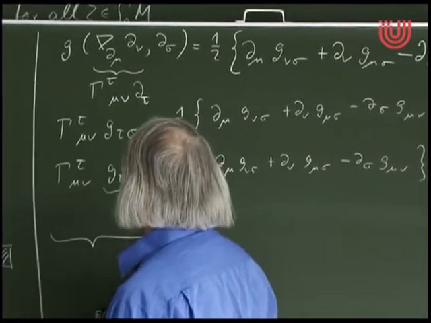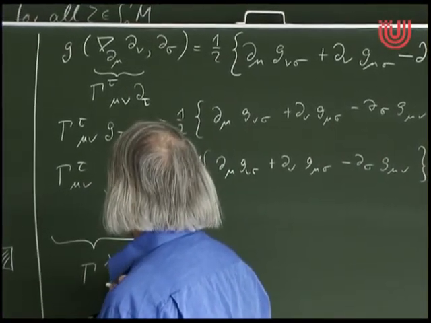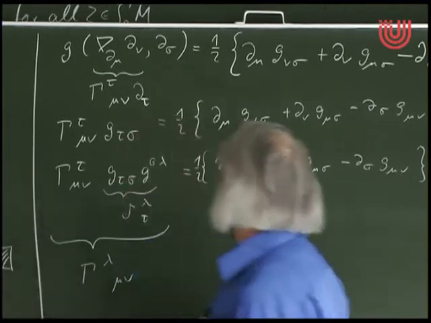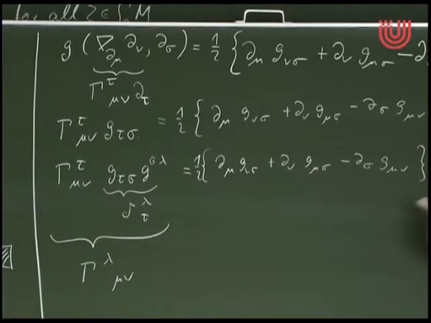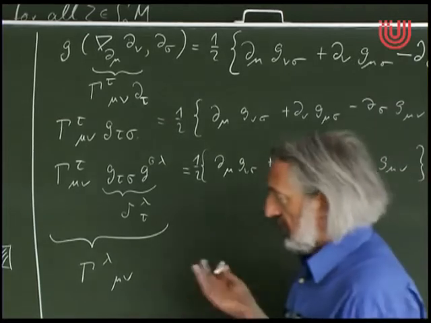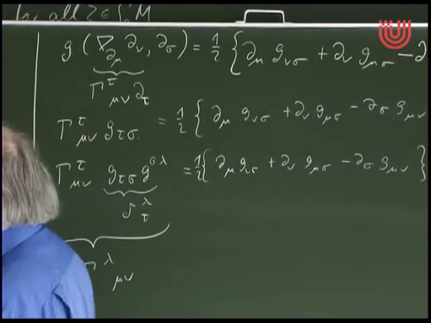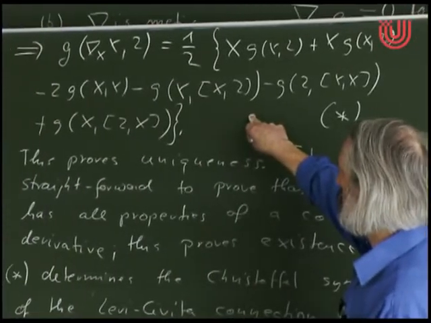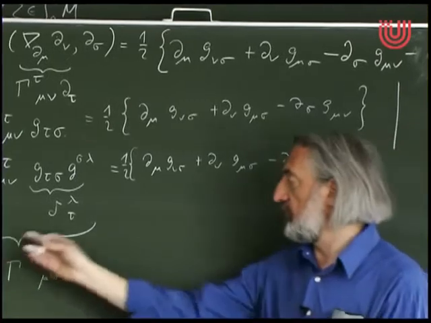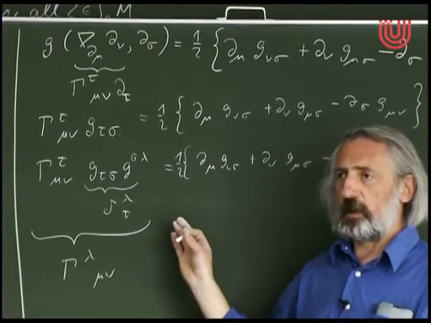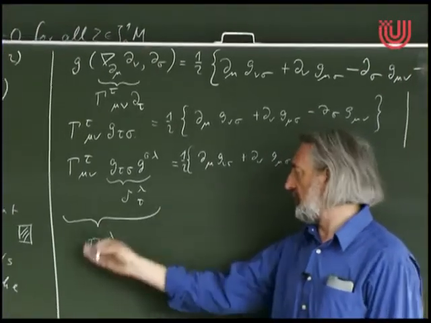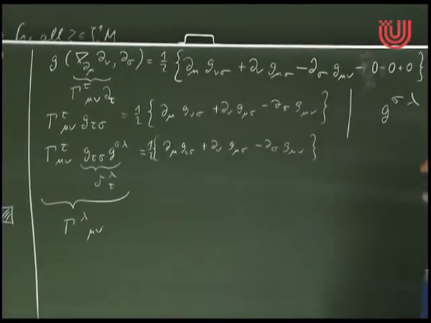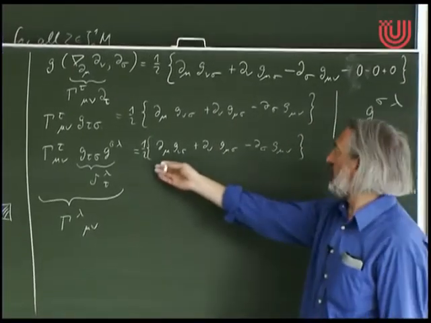So what we have on the left-hand side is just gamma lambda mu nu. So this expression gives me the gammas. So that's the same statement which we have observed already here, namely that this equation determines the connection uniquely. This can also be read from this equation. Yeah, it tells us what the gammas are. And if I know the gammas, then I know the connection. Yeah, the gammas contain the same information as a connection. So they are calculated in this way.